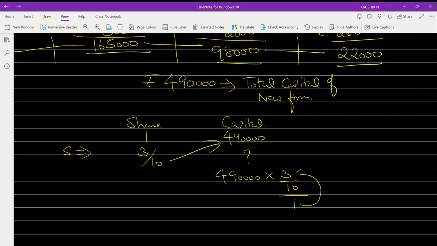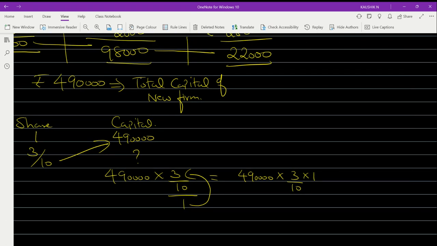This 1 will go to the numerator as multiplication, so 4 lakh 90,000 into 3 by 10 into 1. Now cancel out the common 0 over here and over here. When you multiply this value 49,000 with 3, how much will you get? 9 threes are 27, 2 carry over, 4 threes are 12, 13, 14. Are you getting 1,47,000?